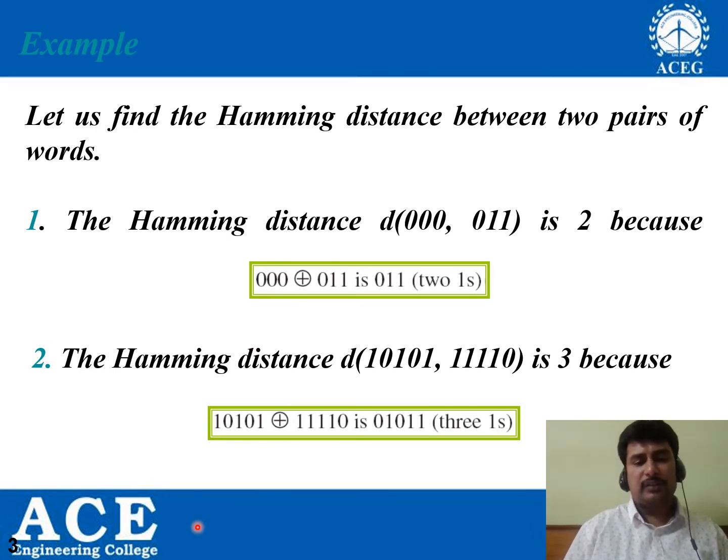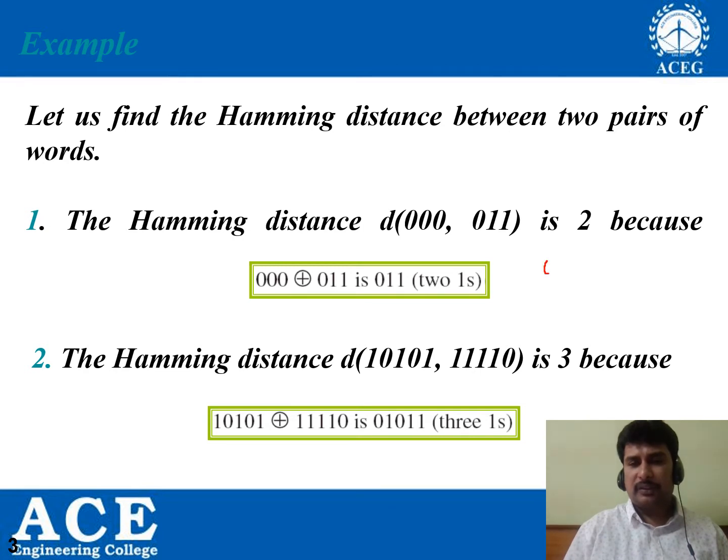For instance, let us take this particular example. The two data words we are considering are 000 and 011. I want to find out the Hamming distance between the two. First let us put it on the slide.